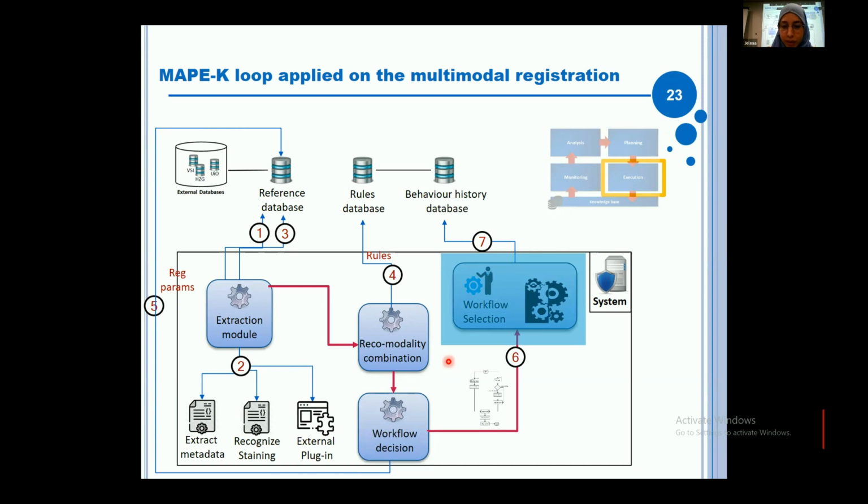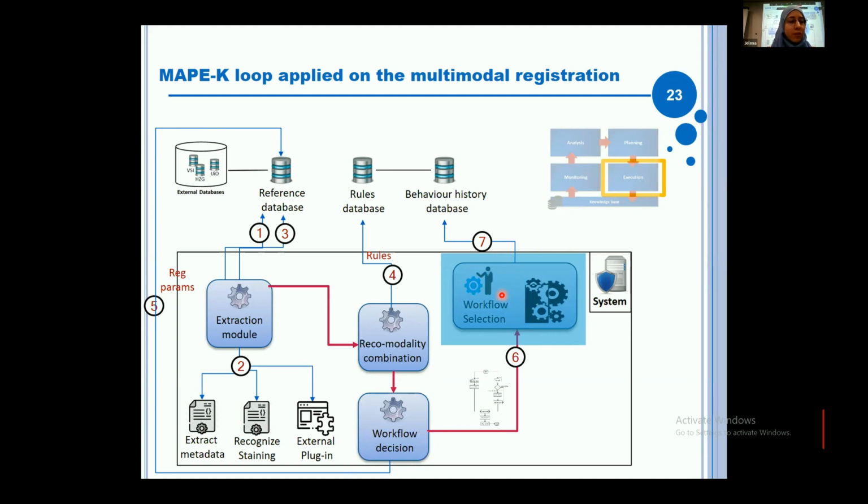In this scenario, the following is the suggested workflow to execute. In the execution step, the selection of the workflow to be executed can be done either by the expert of the domain, who is the user, or randomly in the beginning by the system.